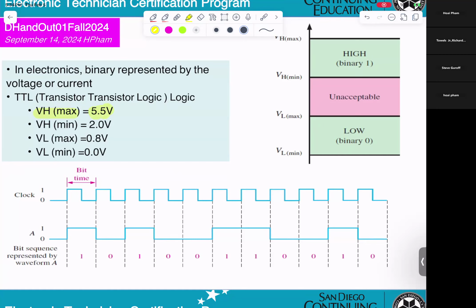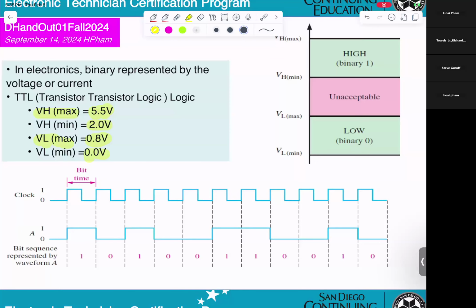V high, minimum 2 volts. That's only telling you any voltage higher than 2 volts and less than 5.5 will be logic 1. V low, maximum 0.8 volt, minimum 0.0 volt. That means if you get 0.4 volt, it will be logic 0.